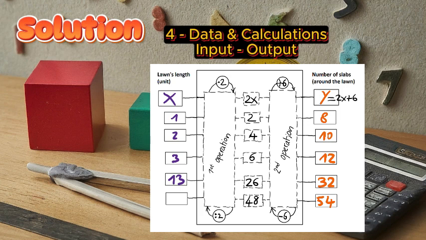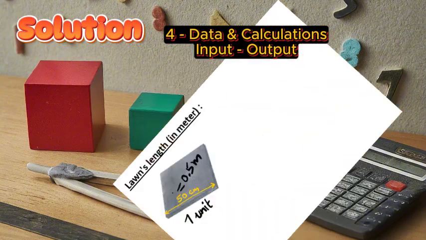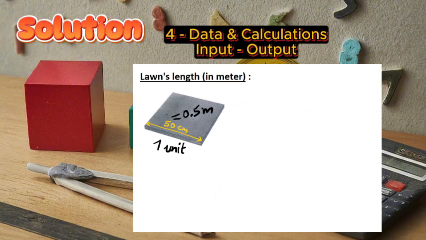For the input value, we then get 48 divided by 2, that is 24. x equals 24 corresponds to the number of units of side slabs for this lawn. Finally, we calculate the lawn's length, that is 24 times 0.5 equals 12 meters.